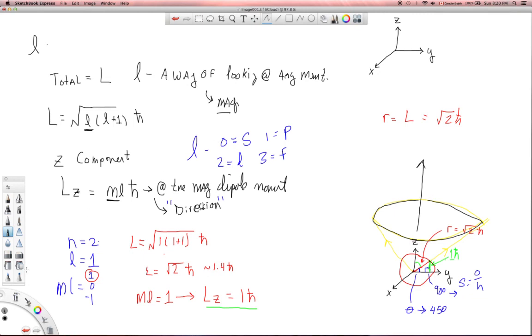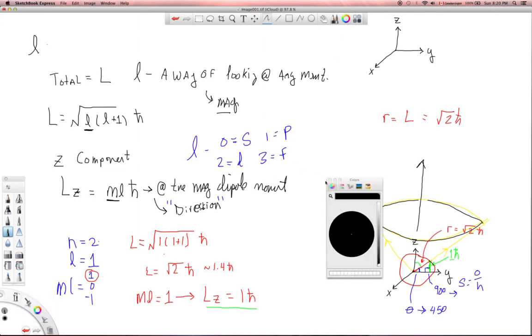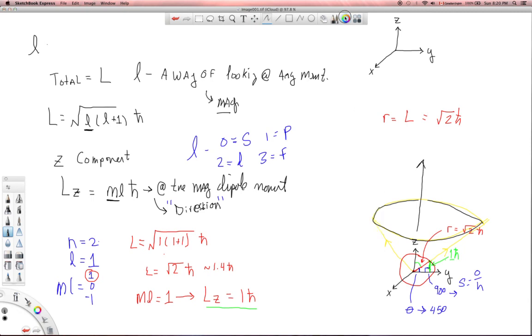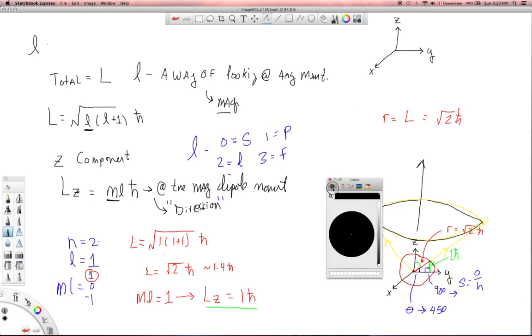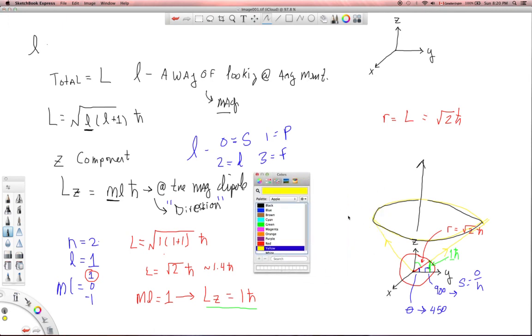So that would be m sub l equals 1. Let's choose yellow again here. All right, so let's say that I made m sub l negative 1.